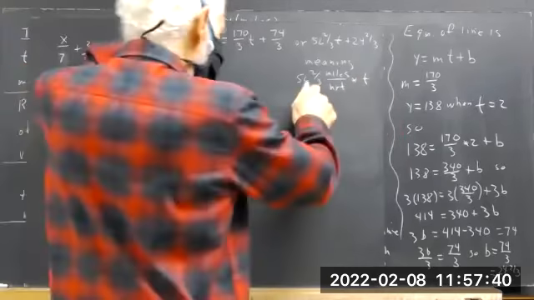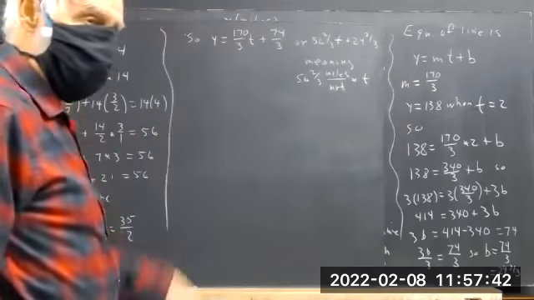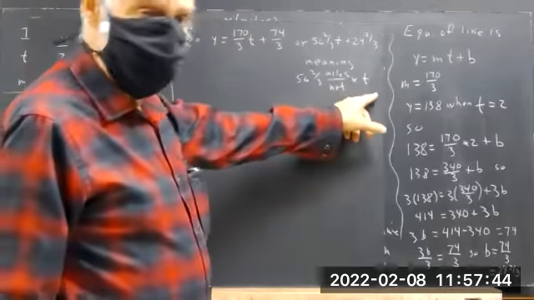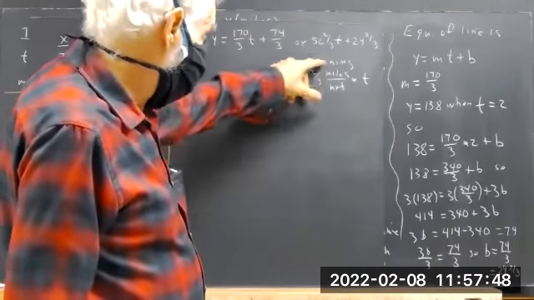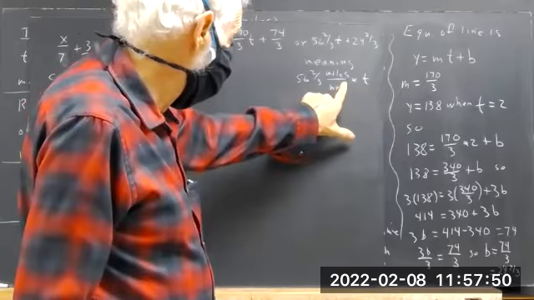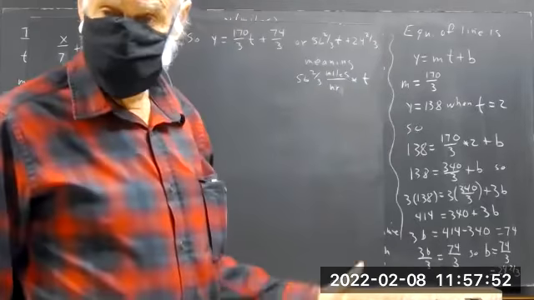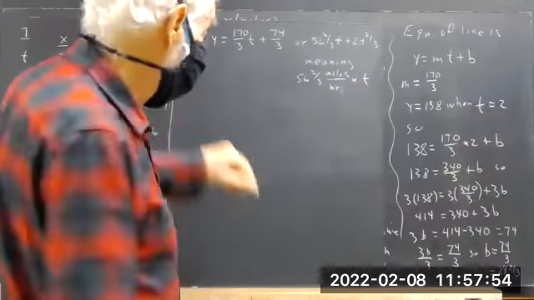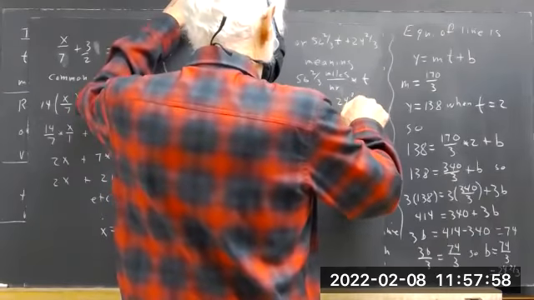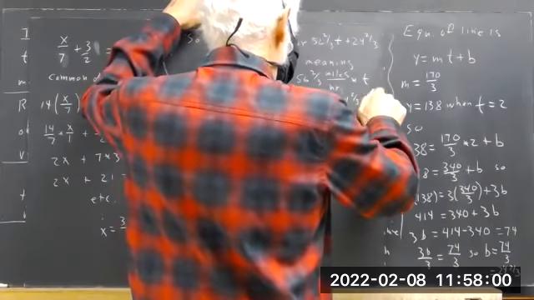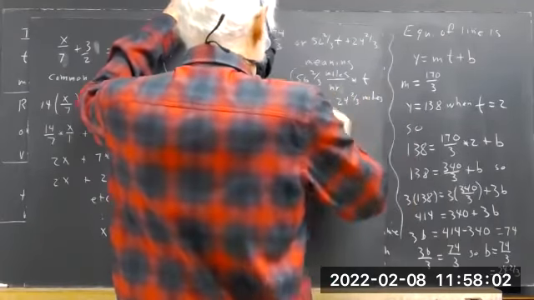56 and 2/3 miles per hour times t. So if I want to know where I am after 8 hours, I multiply 56 and 2/3 miles per hour by 8 hours. And I find out what that is, right? Then I've got to add that to 24 and 2/3 miles.